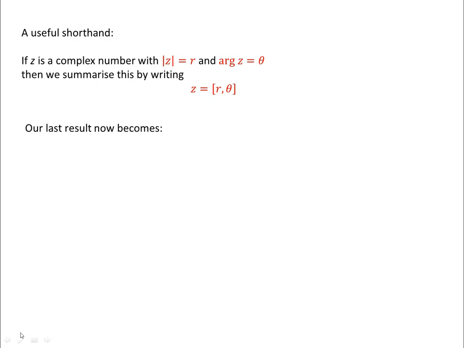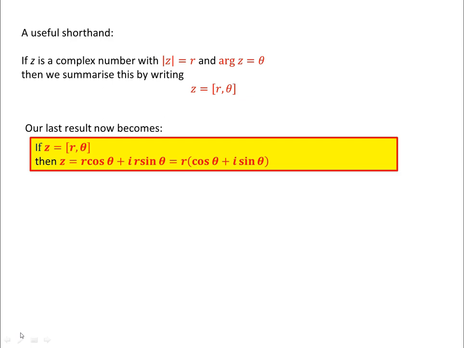This is an important result, and it's also useful to have a shorthand for it. If z is a complex number with modulus of z equals r and argument of z equals theta, then we'll sometimes summarise that by writing z equals square brackets r comma theta. So our last result now becomes: if we know that z has a modulus of r and an argument of theta, then z is equal to r cos theta plus i r sine theta, or r times cos theta plus i sine theta.